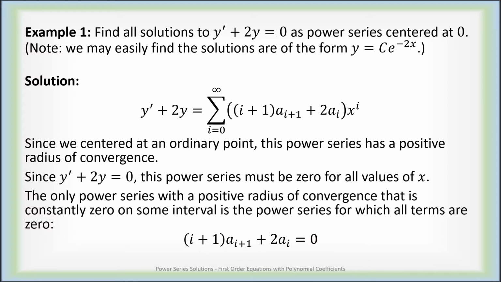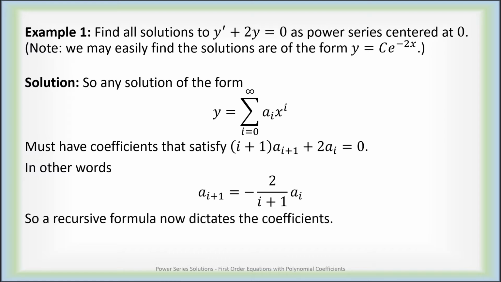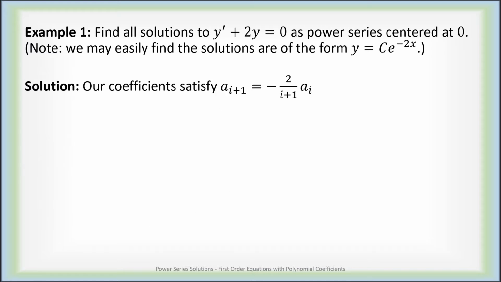So now we have a nice expression relating our coefficients a_i against one another. So we satisfy (i plus 1) times a_{i+1} plus 2a_i equals 0. In other words, I can solve this for a_{i+1} and get a_{i+1} is negative 2 over i plus 1 times a_i. So we now have a recursive formula that tells us what the value of these coefficients must be.